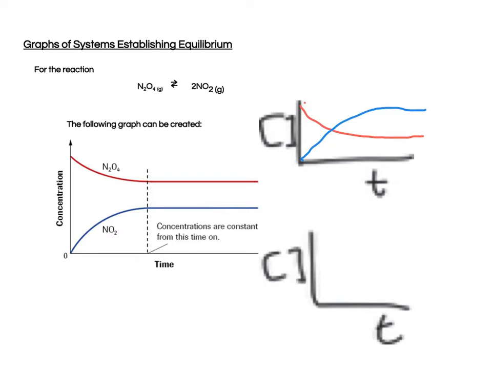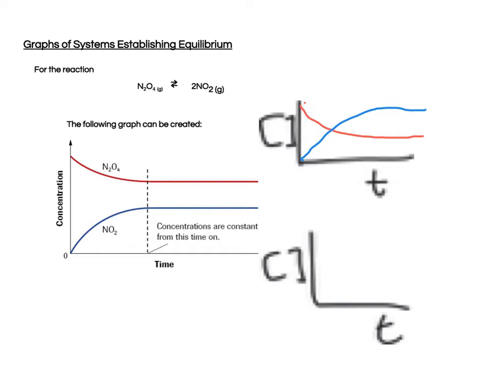Here's another scenario for you to consider. Although in neither of these circumstances are the concentrations of reactants and products equal, that is definitely a possibility in certain equilibrium systems, although it's not necessarily the case. So I want you to think about what the graph of an equilibrium system where the products and reactants were in equal quantities would look like.